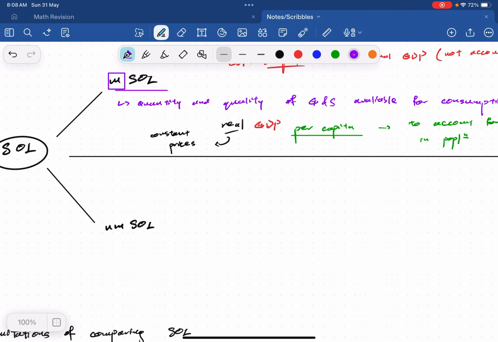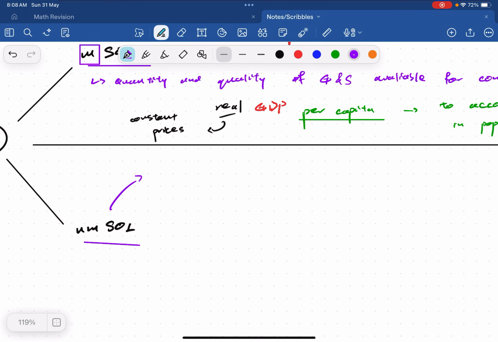So we know that when we're talking about non-material SOL, we need to think about things like, for example, hang on, there are a lot of things that we can consider. So the ones that HCI will want you to discuss is things like working hours.